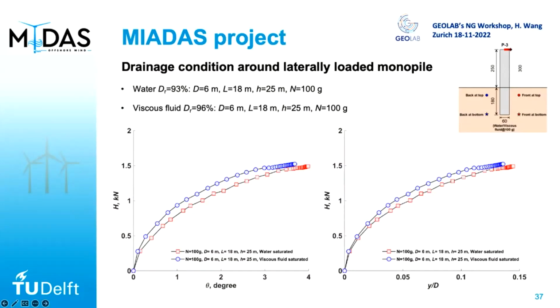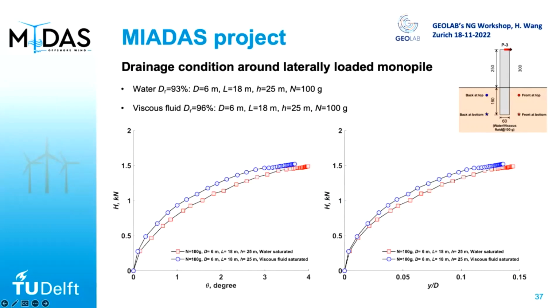What we control here is that we load the pile very, very slowly to make sure it's fully drained. Then it shouldn't matter what kind of fluid you use. And that's the result we have. You can see here, they are really close. There is some difference because of the relative density, but they are really close, which means the viscous fluid itself won't change the mechanical behavior of the sand.